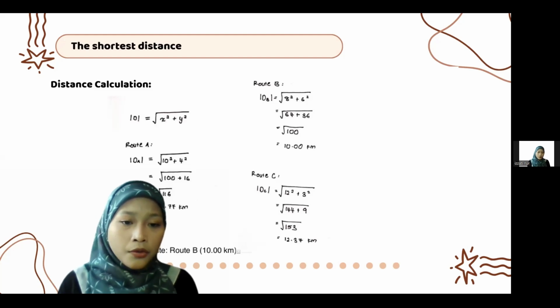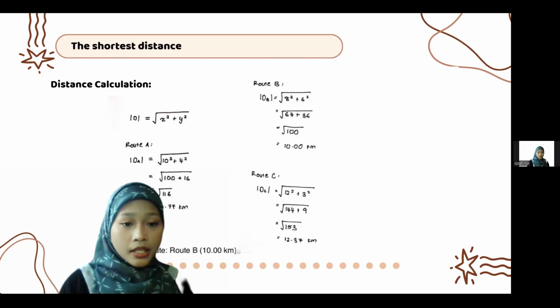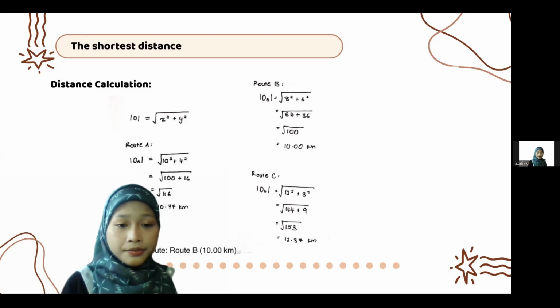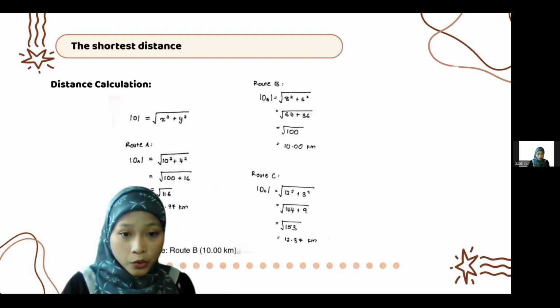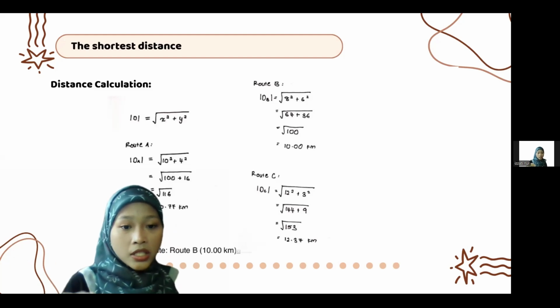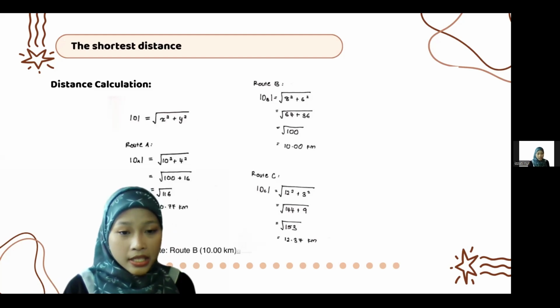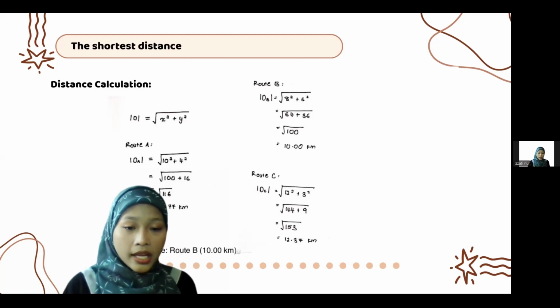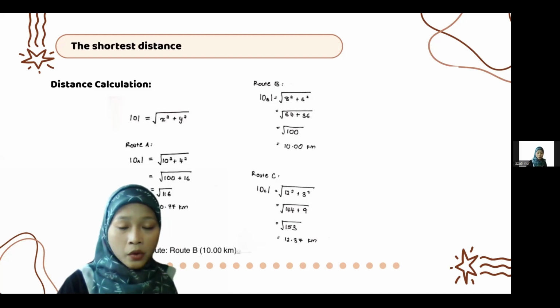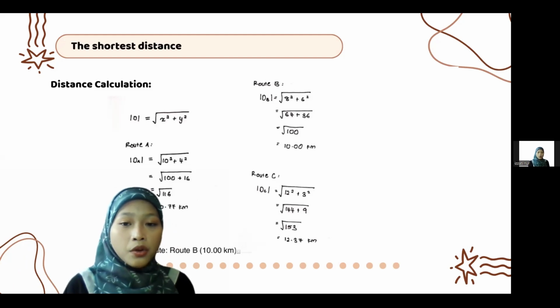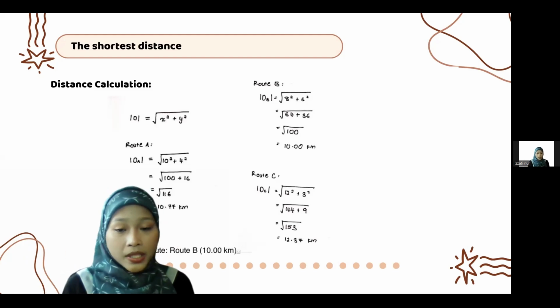So for the distance calculation, route A, we will take the square root of 10 to the power of 2 plus 4 to the power of 2, which gives the square root of 106, equal to 10.77 kilometers. For route B, we also use the same formula, the square root of 8 squared plus 6 squared, equals 10 kilometers.